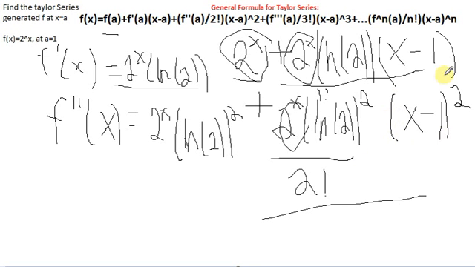Using these, we can predict what the general formula will be. 2 to the x is a constant, so let's lay that down: 2 to the x. ln of 2 is also constant throughout the series, so let's write ln of 2. But one thing we did notice was that the power was changing.